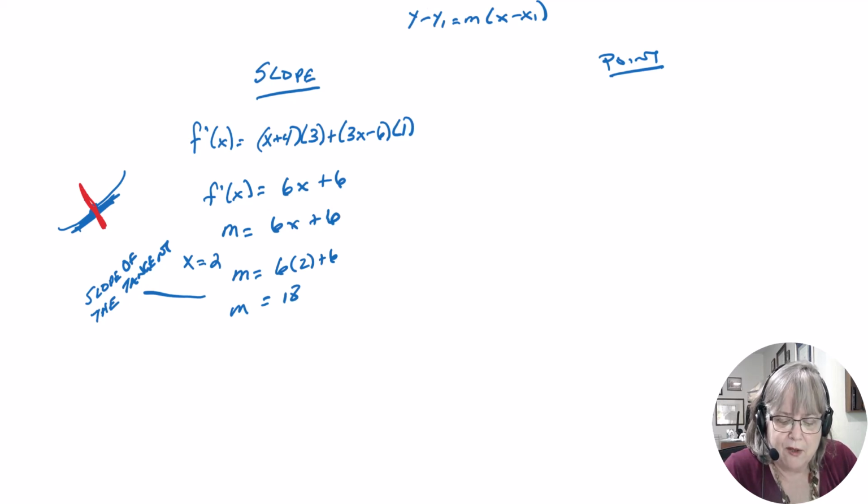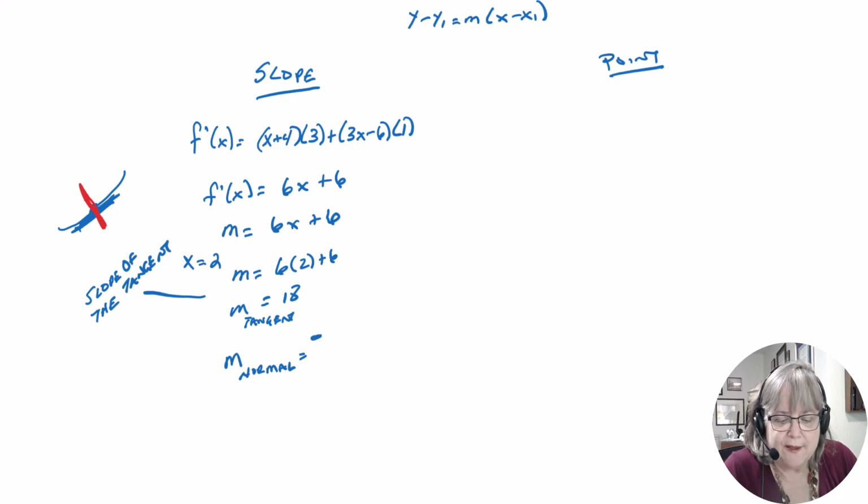Okay, now how do you get the slope of a perpendicular if you know the slope of what it's perpendicular to? So if the slope of the tangent is 18, the slope of the normal is the negative reciprocal.